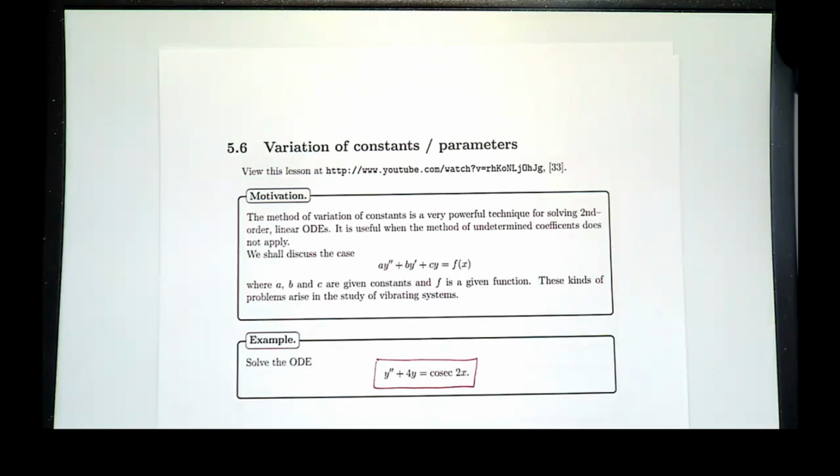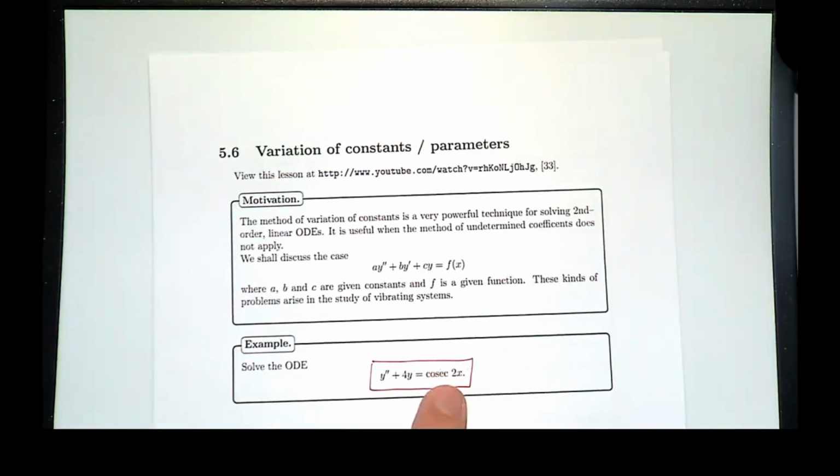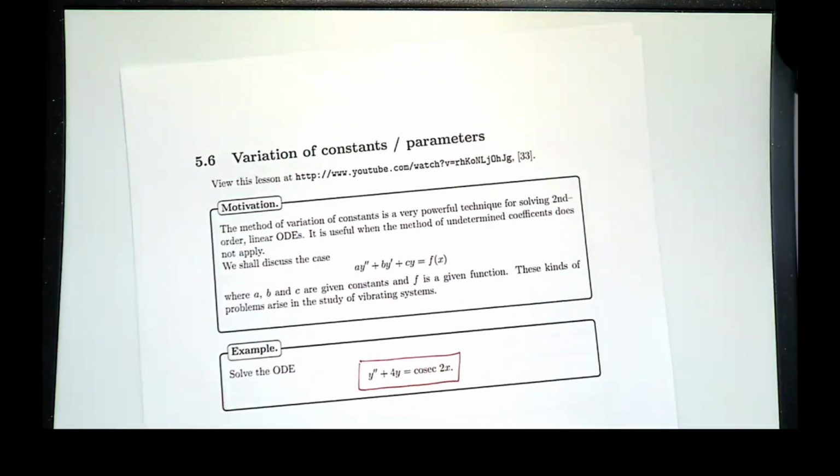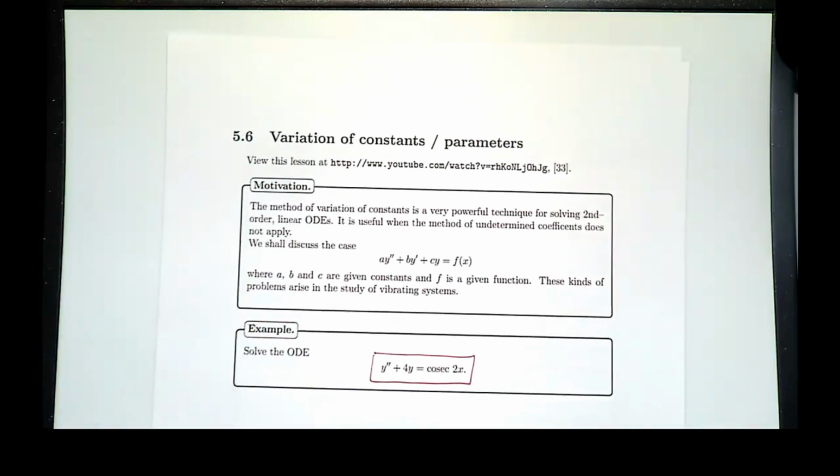People would say, oh, just try something like C times cosec, or something like that. Maybe you can do that, but there'll be times where you get other stuff and you're not really sure what to do. Also think about trying to differentiate that so you get 0. It's also unclear how you would do that. So neither of the methods that we've learned are directly applicable to a problem like this.